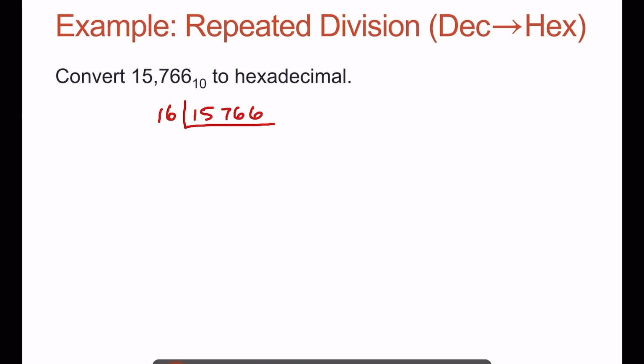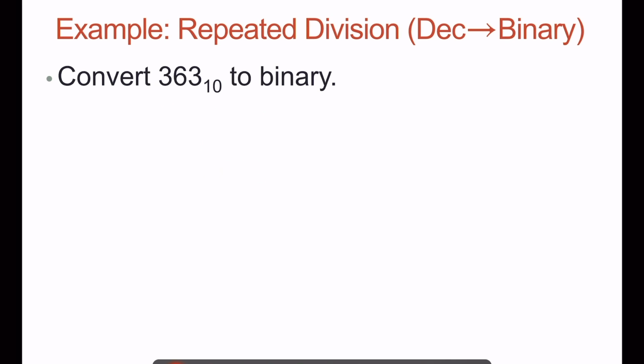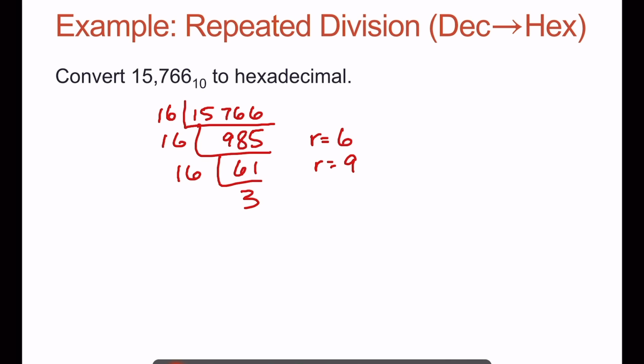divided by 16, and I happen to have the answers to the left of me here. So 16 goes into 15,766 985 times with a remainder of 6. And then 16 goes into 985 61 times with a remainder of 9. And 16 goes into 61 3 times with a remainder of 13.